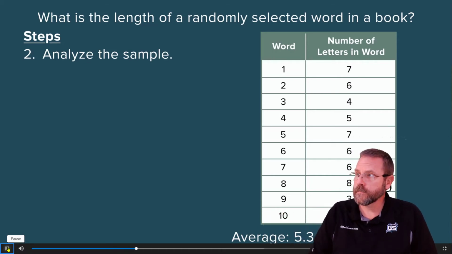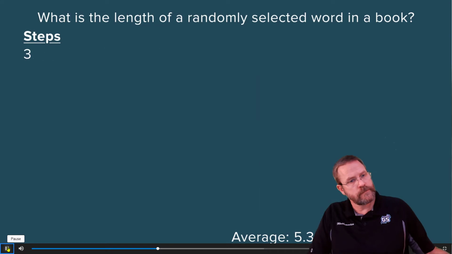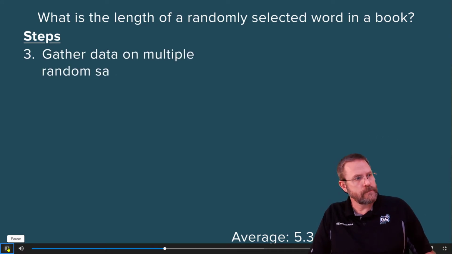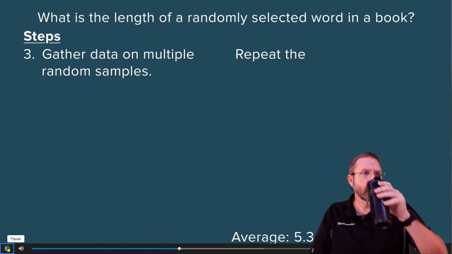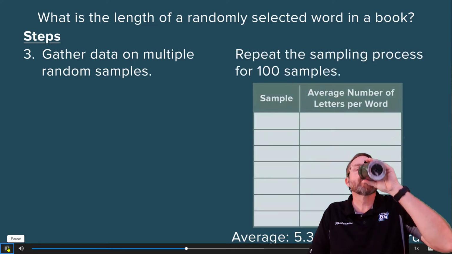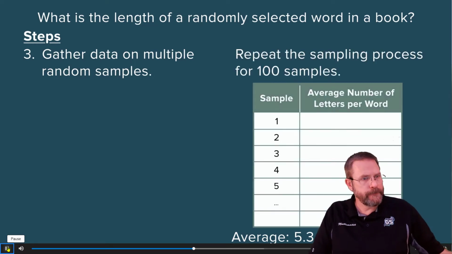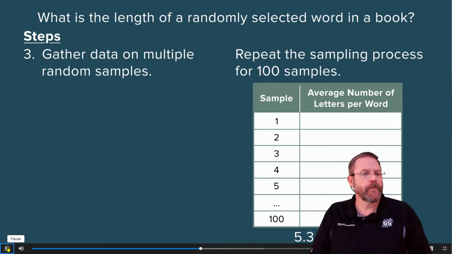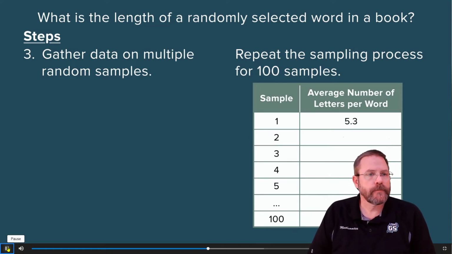How can you be sure that the results from this sample are representative of the length of words throughout the entire book? One way is to take multiple samples of the same type and size. Repeat the process to gather 100 samples representing 100 different pages from the book. Then find the average number of letters per word for each of the 100 samples.